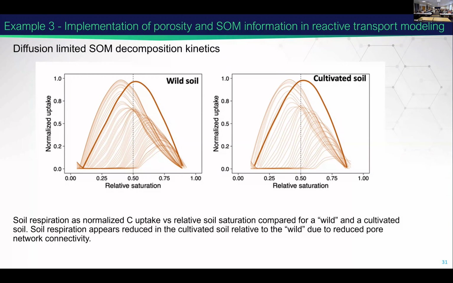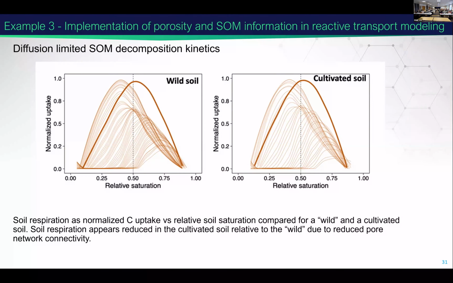All I can say about this is that the normalized carbon uptake is plotted versus the water saturation, so the soil moisture content, and this is work by our colleague Jianchu Zheng, and I don't really understand these curves.